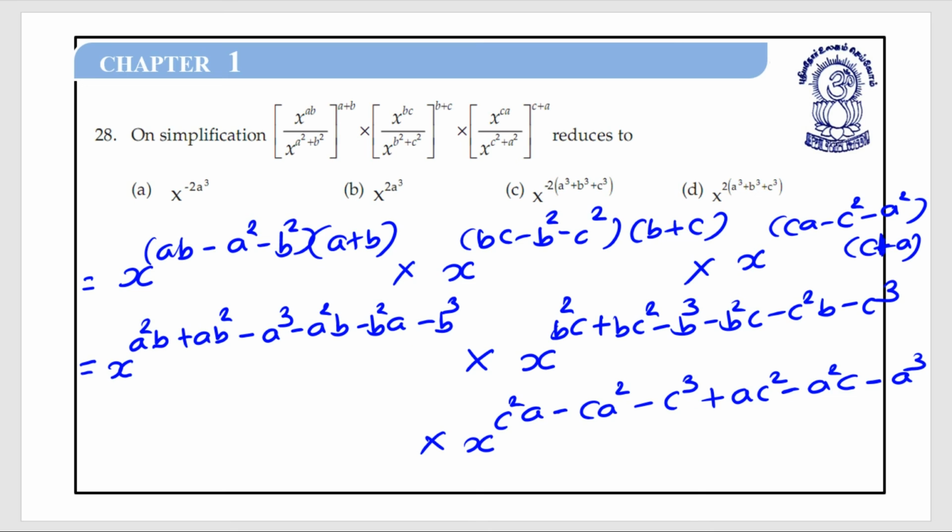Okay, here plus sign. Okay, so c square a, ca into a plus ca square minus c cube plus ac square minus a square c minus a cube. Okay, so c square a does not cancel here.